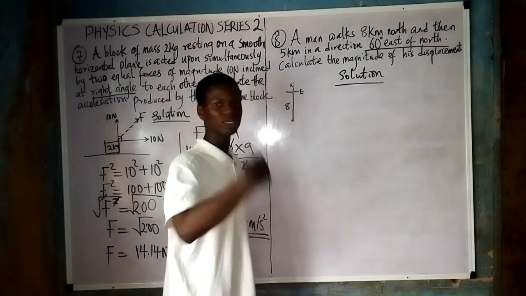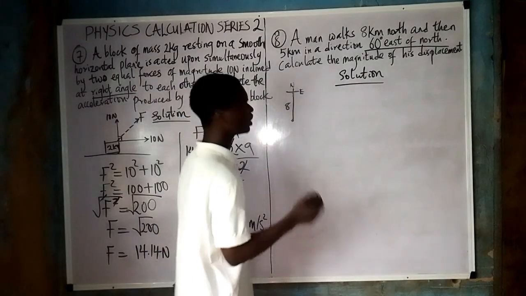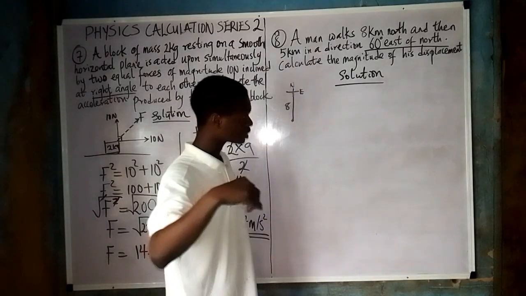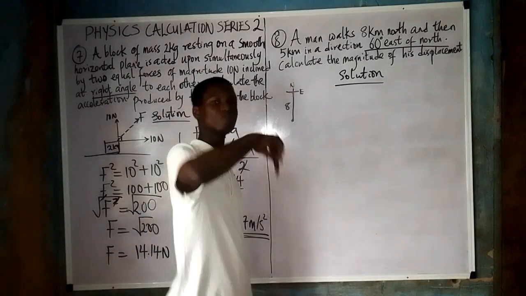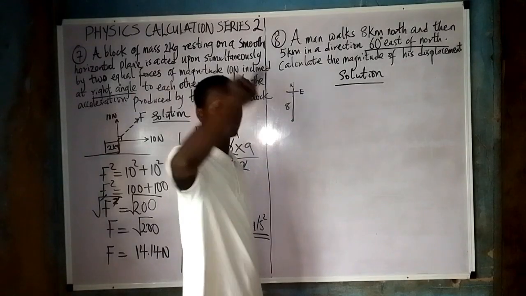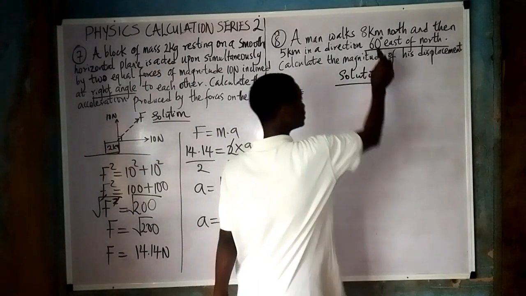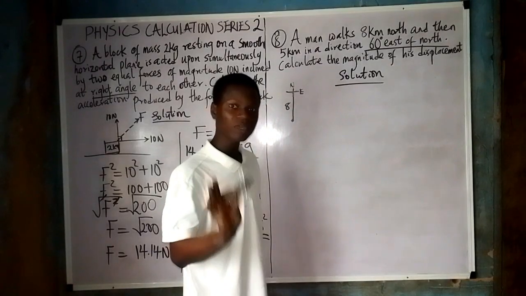Now, if somebody moved 60 degree east of north, it means that the person was starting from north and was trying to move towards the east by an angle of what? 60 degree. So let me interpret for you.